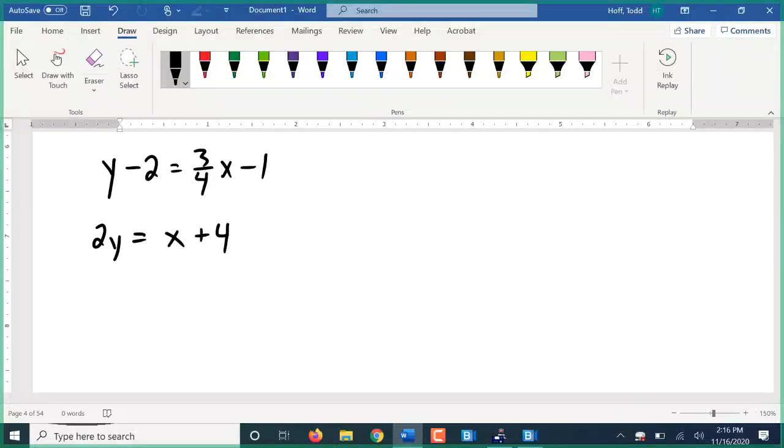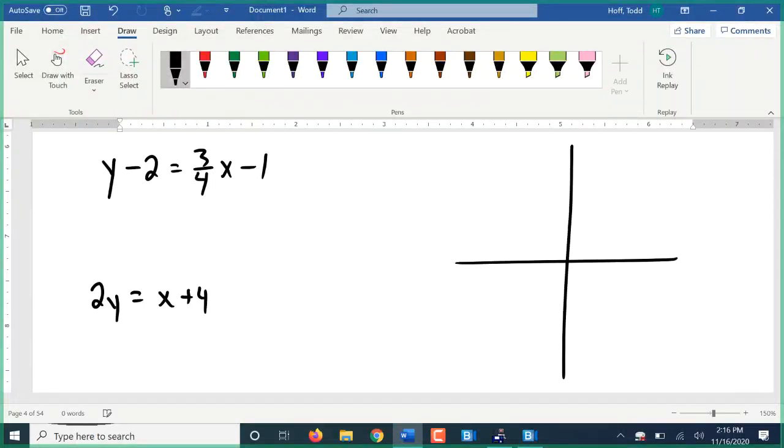When I go to graph these, I'm going to move this one down a little bit to give me a little bit of room. Both of these have things that have to be adjusted.